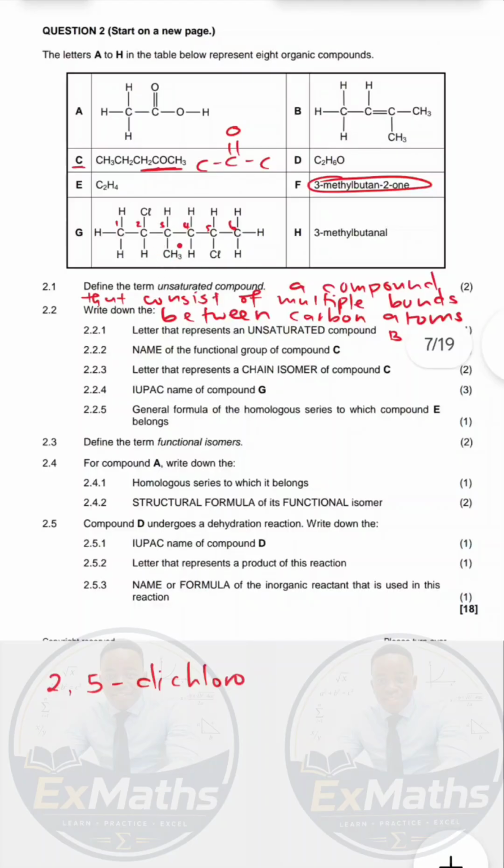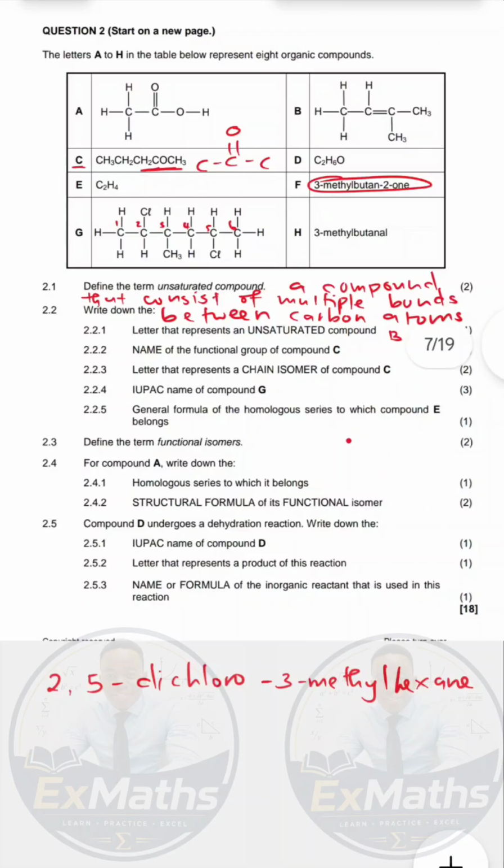Our methyl is on carbon number 3. So it's 2,5-dichloro-3-methyl. Then our main chain will determine the last part of the name. We have 6 carbons in our main chain, so it's going to be hexane. So the full name here is 2,5-dichloro-3-methylhexane. That's the name that we have when numbering from left to right.